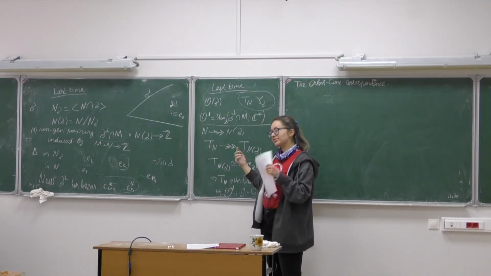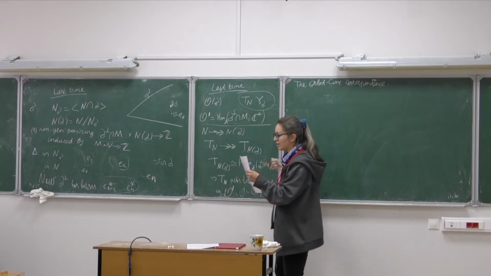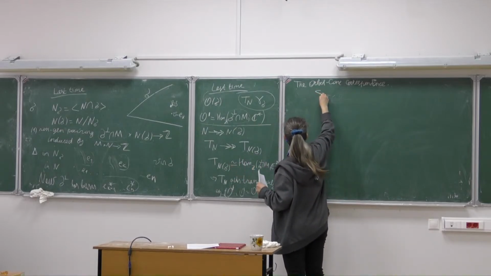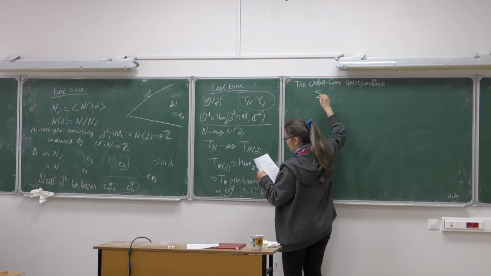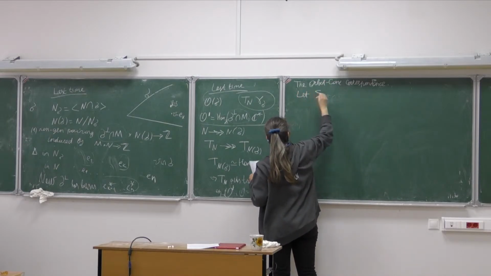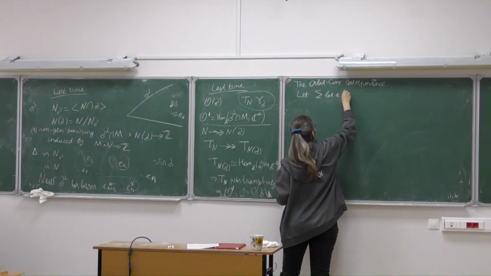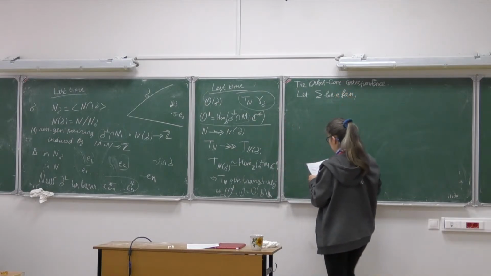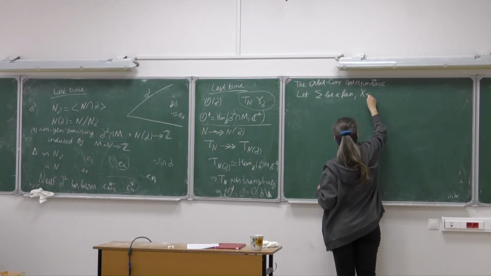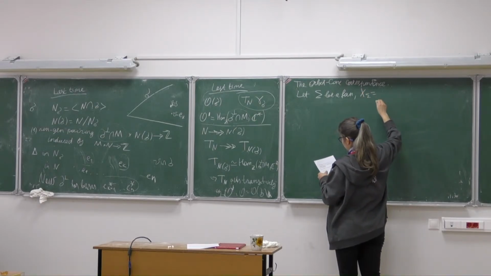Unfortunately, different books have different notation. Today I will use sigma for a fan. So let sigma be a fan, sigma and not delta. So X sigma is the corresponding toric variety.